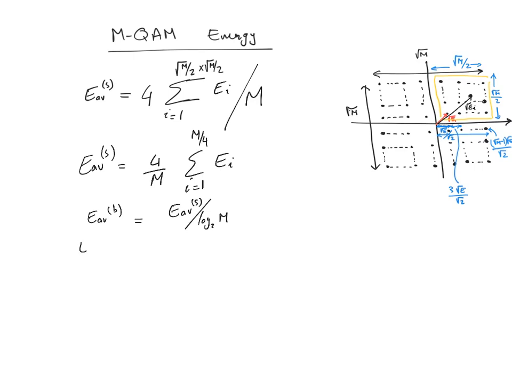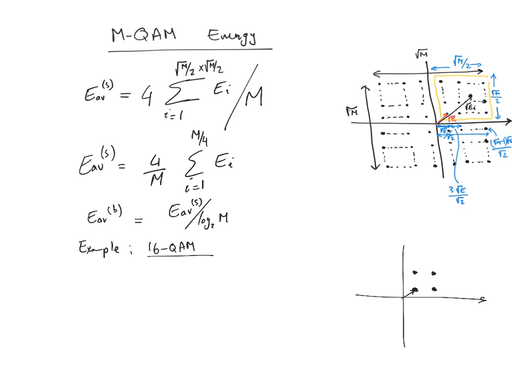And let's take an example. So let's look at the 16 QAM, for example. For the 16 QAM, one quarter will include actually 4 points. These are the 4 points of 1/4 of a 16 QAM.